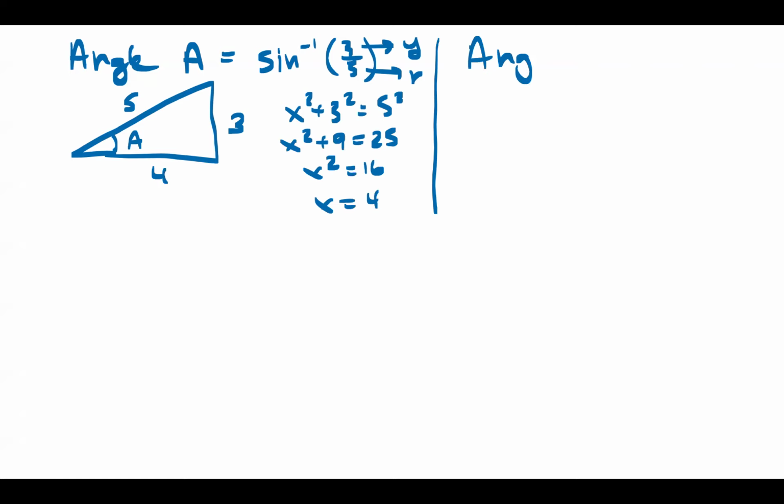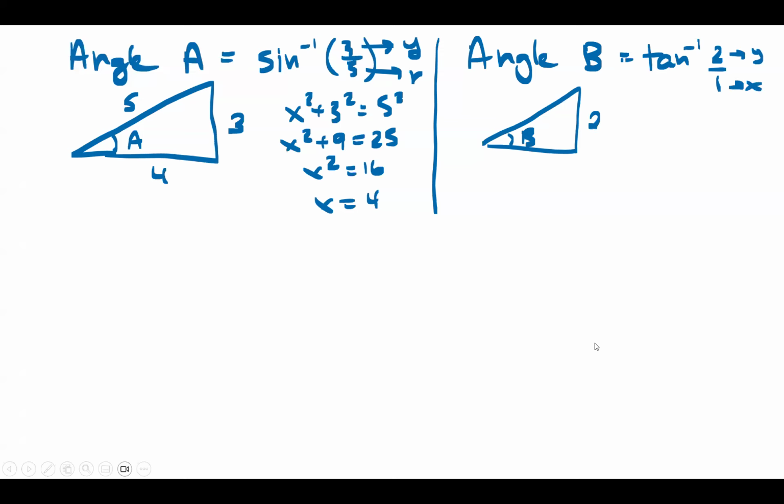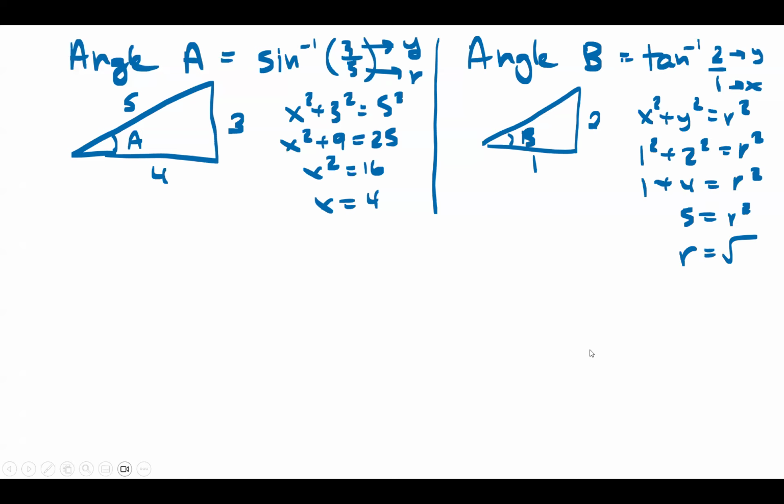Then we find our other angle called angle B. Angle B also is in quadrant 1 and is defined by tangent inverse of 2. Technically you can do 2 over 1, right? So my y value is 2, my x value is 1. So I label 2 and 1. And I again use the Pythagorean theorem to figure out the r value. 1 squared is 1, 2 squared is 4, and 1 plus 4 is 5, so the square root of 5 stays square root of 5. That is my r value.